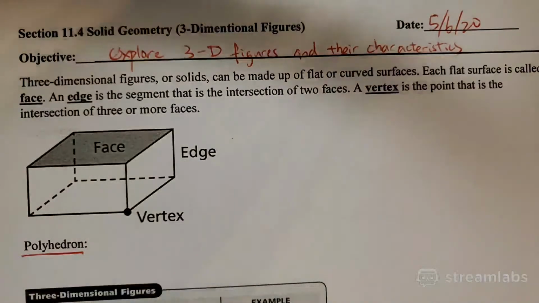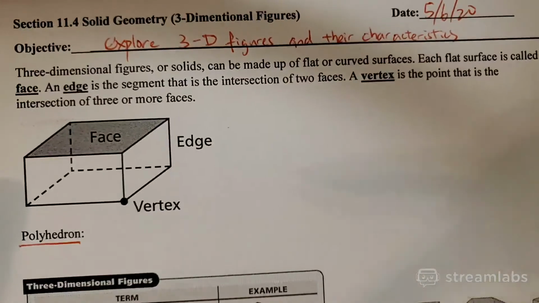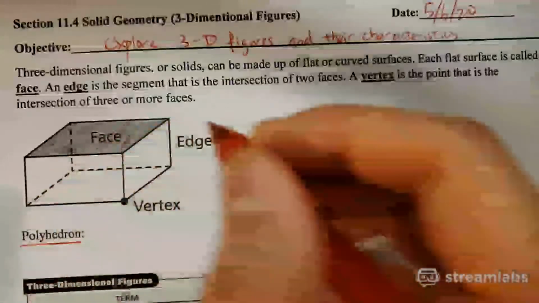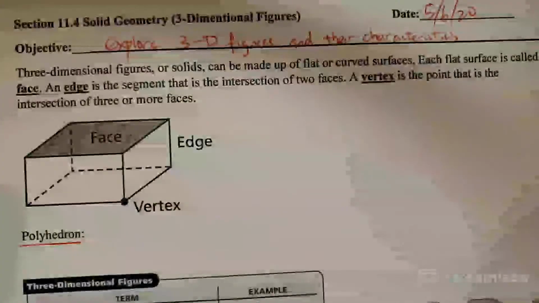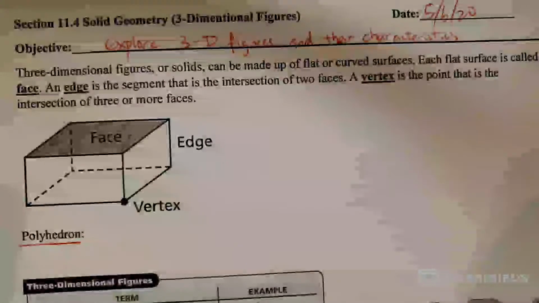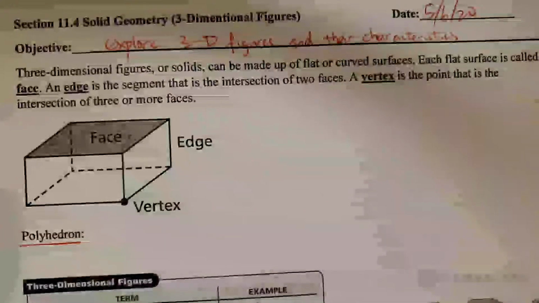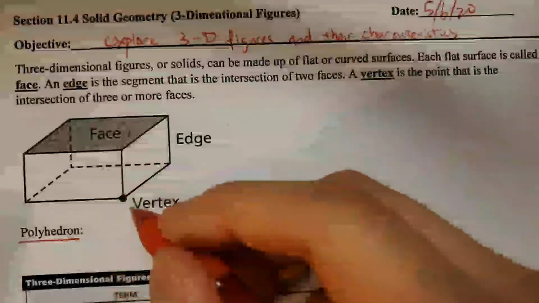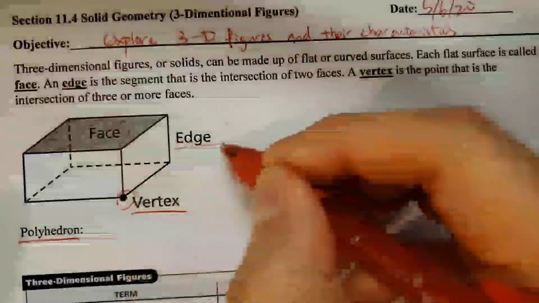Alright, so anyway, we're talking about exploring three-dimensional figures today. There are several things we can look at: face, edge, and vertex. Face is surface, right? These planes. Vertex and edge.